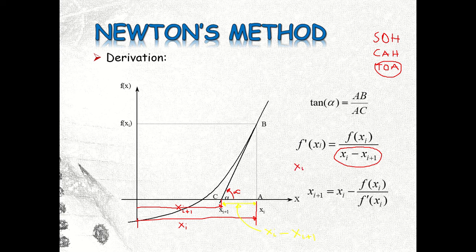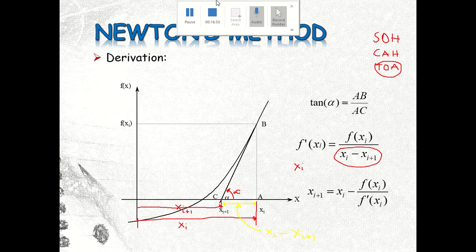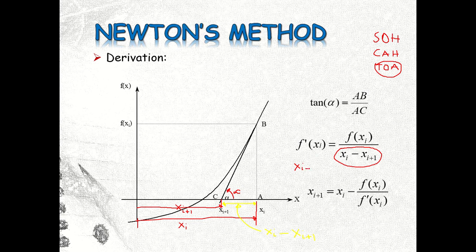So this will be x sub i minus x sub i plus 1 equal to, you cross multiply this one there, and it's just like they're interchanging places.